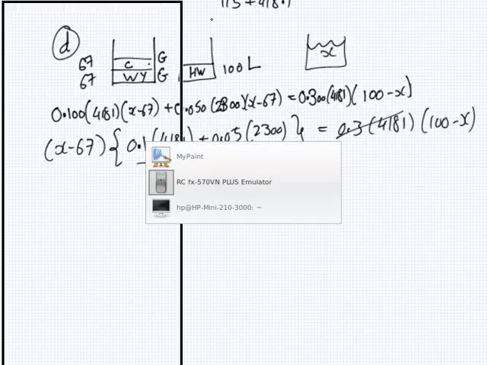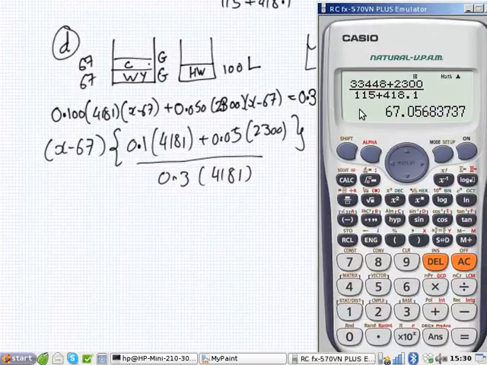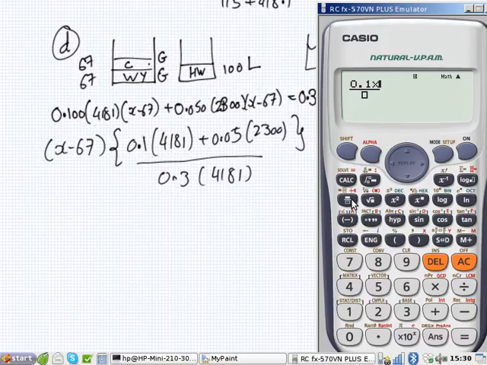So let's just see what we get there. I got 0.425.